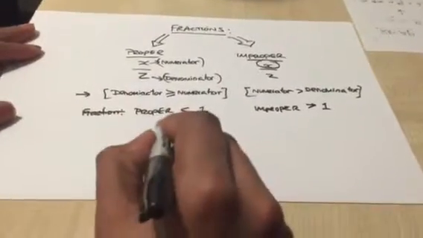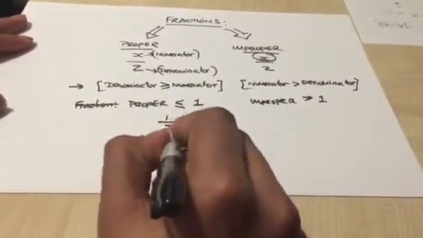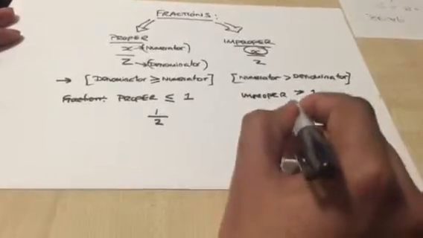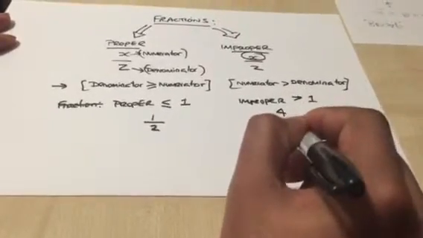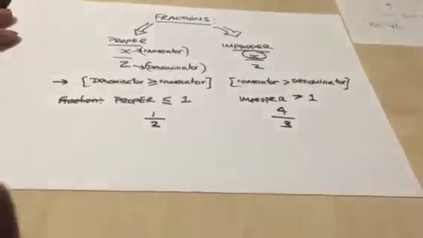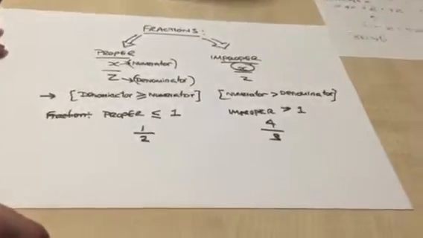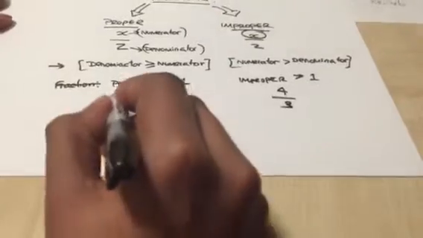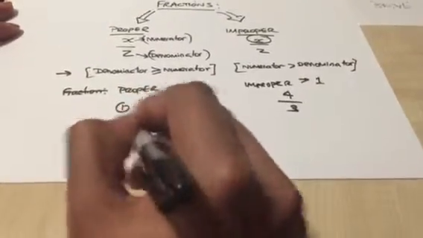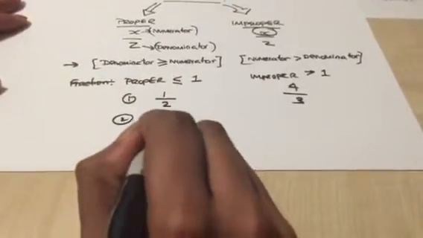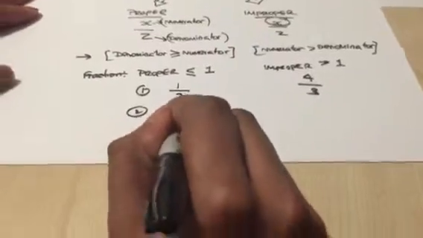Alright, so an example of a proper fraction will be a half. An improper fraction will be 4 over 3. Another example would be 5 over 9.